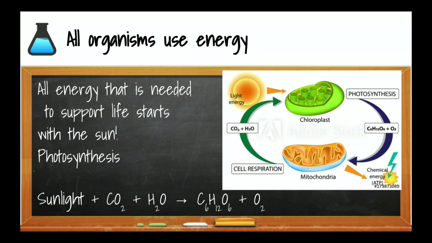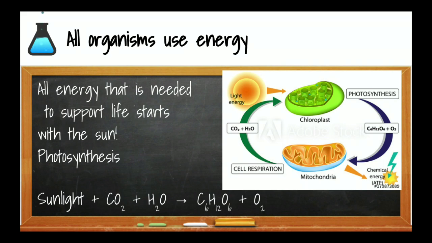We know that there is a direct relationship between plants and all other organisms. Plants take in the sun's energy. They also take in water and carbon dioxide, and they use that to make glucose and oxygen.